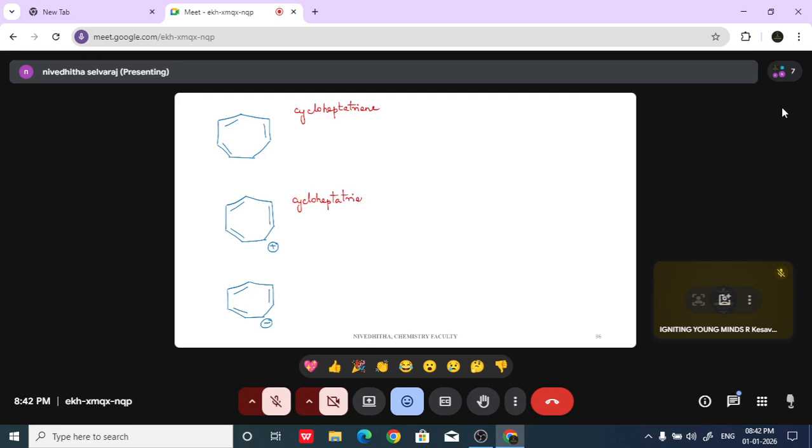So the name for this system is cycloheptatriene. I've removed one hydrogen, so it is yl. And since it is positively charged, it is anion. Cation. Very good, cation. This is cycloheptatrienyl anion. That's it.